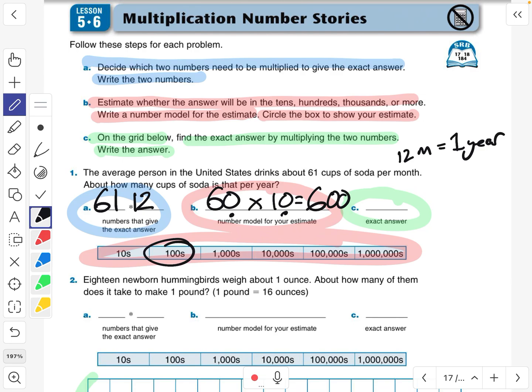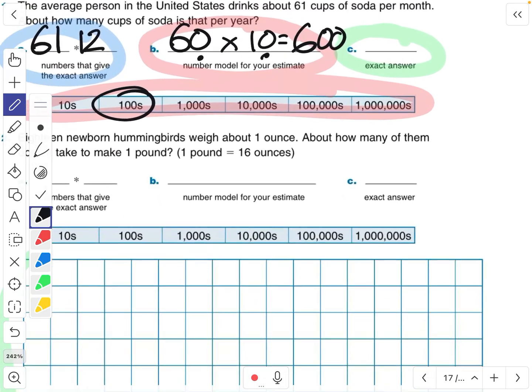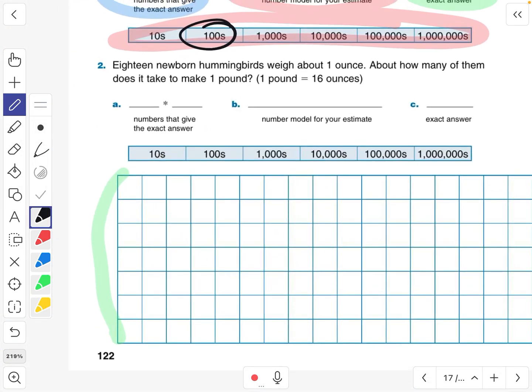Now for the exact answer, it says to go use the grid below. So we're going to do 61 times 12 down here. And I'm going to remind you how we do it. First we do expanded form. 61 is equal to 60 plus 1. 12 is equal to 10 plus 2, and then there are going to be 4 partial products here.